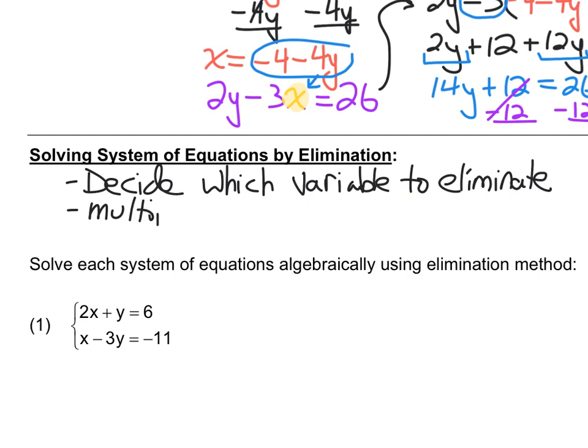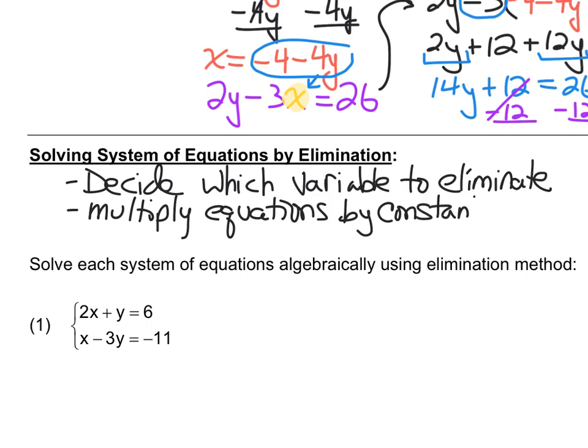Multiply your equations by constants to create opposites in the variable that you want to eliminate.